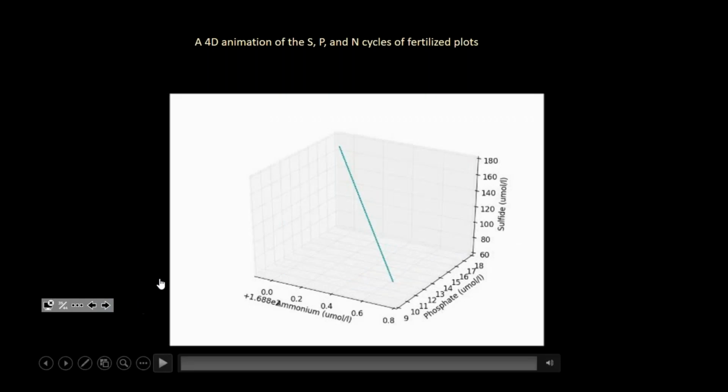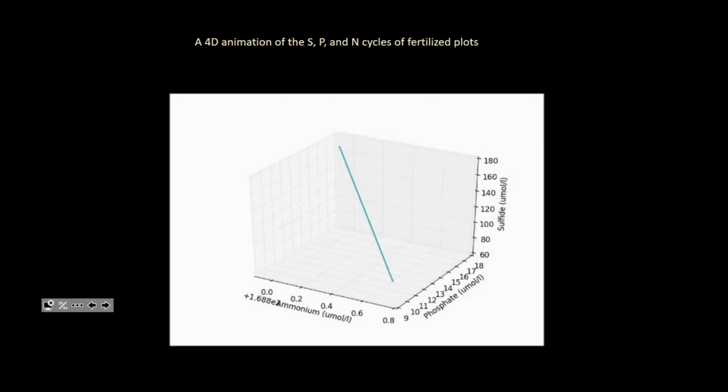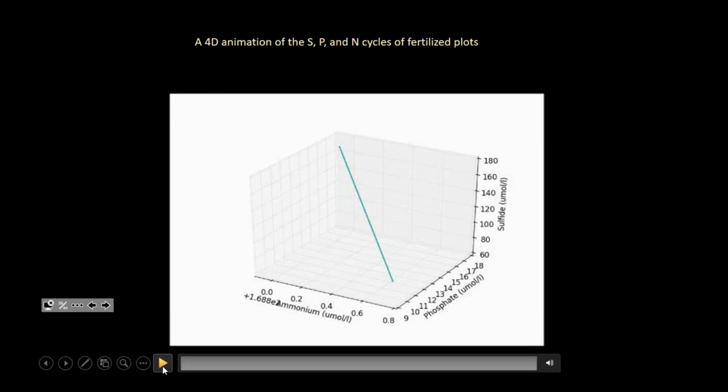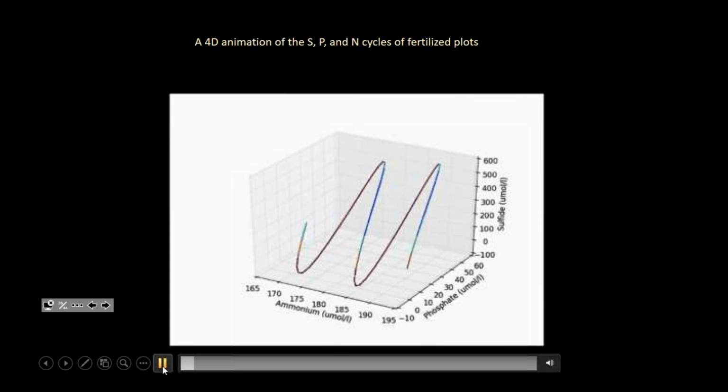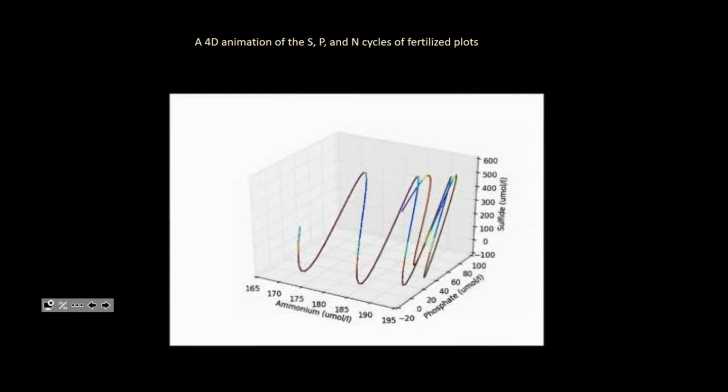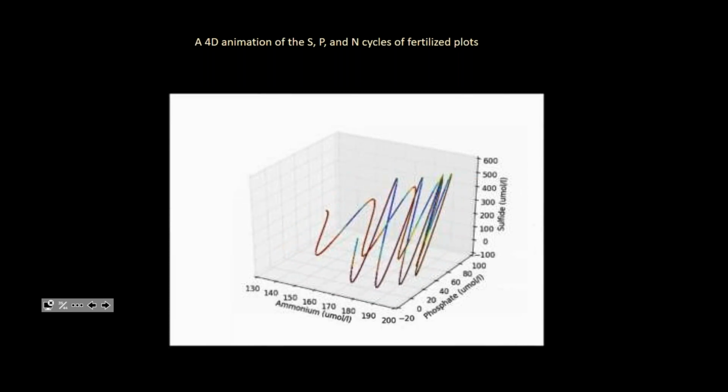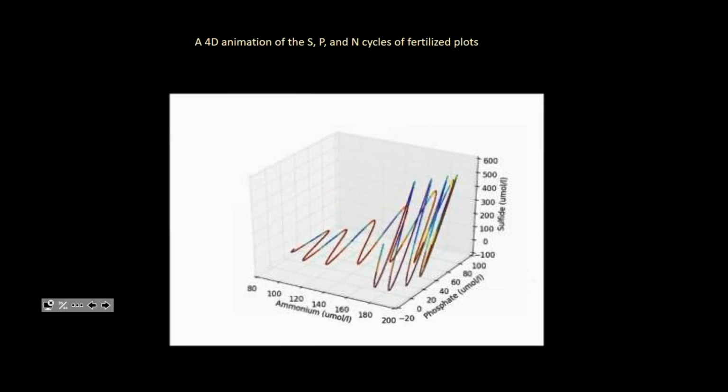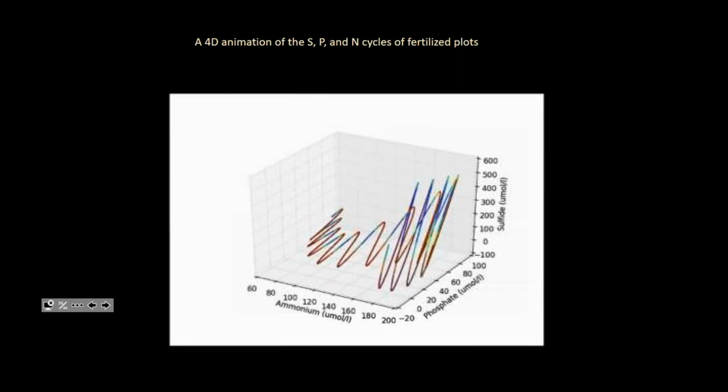Now, let me go on to this one. You might be wondering, well, what do the fertilized plots look like? You were just about to ask that question, right? I'll play this one for you. It's seasonal. There's an 18.6-year cycle, but it's chaotic.